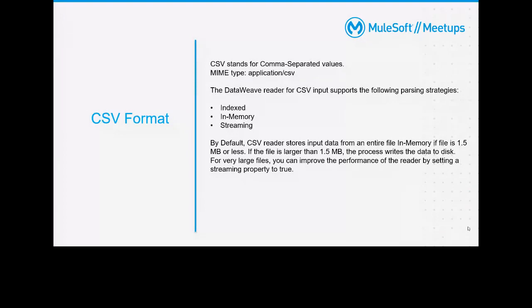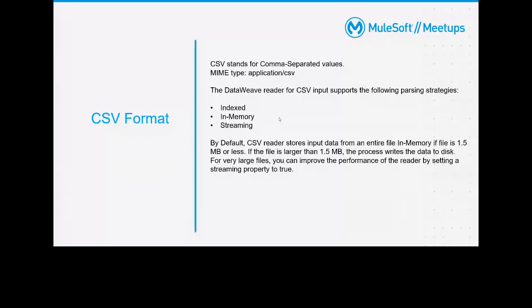Generally with CSV you have three kinds of DataWeave readers: one is indexed, second is in-memory, and third is streaming. By default, whenever we are not defining any DataWeave reader, it will be in-memory. So by default it will load the entire file into memory and start processing.